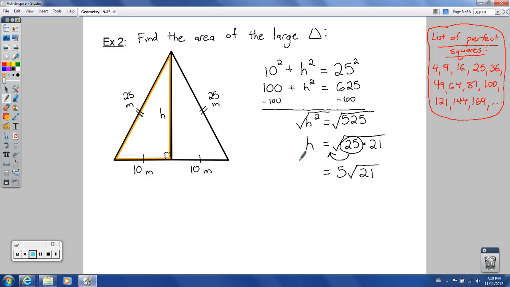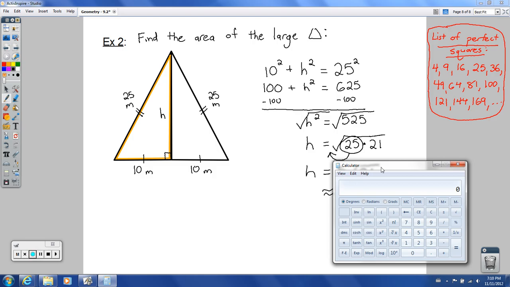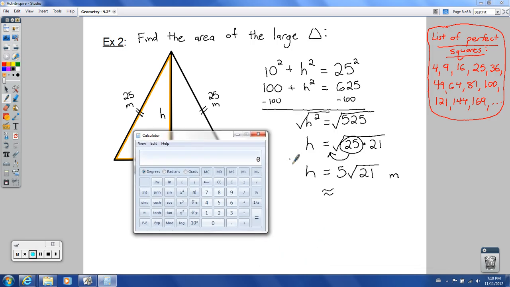So if you were to say what's the height, you could say it is, as an exact number, 5 times the square root of 21 meters. Or if you were to plug this into a calculator, let's do that at this point. If they let you take the square root right away, or they didn't ask you for the exact answer, in simplified radical form, we could just take the square root of 525 right away, and we would end up getting, where's my square root button?